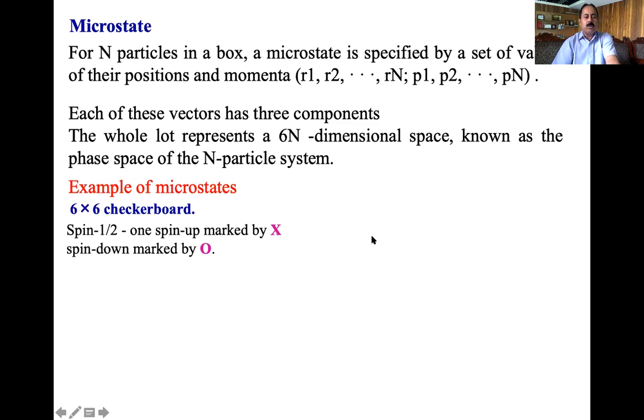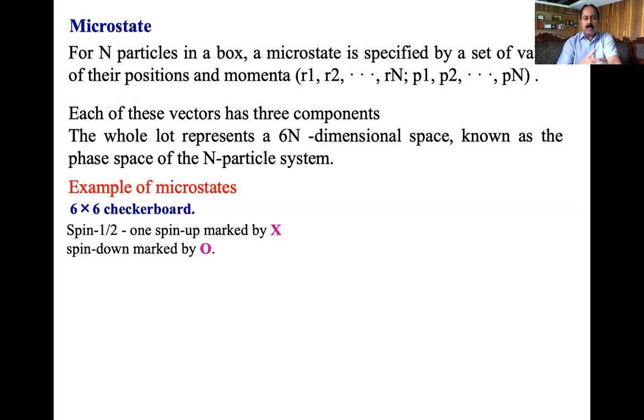Now, we'll give one very small example for the microstate. If we talk about a point in this 6n dimensional space, that point will represent one microstate. Understand?